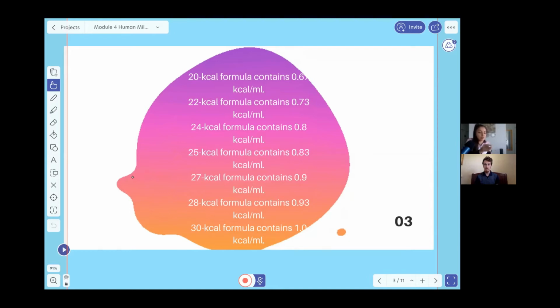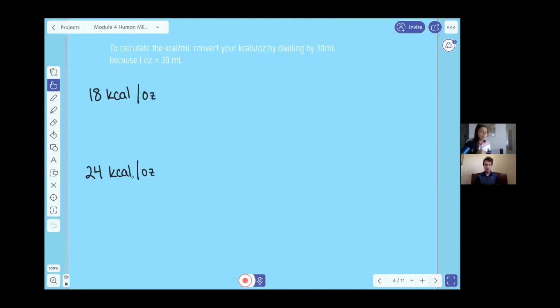This tells you that it has 0.67 kcals per milliliter. However, let's go ahead and just review this, because we need to make sure, again, that we're paying attention to our units, and when we're going over the kcals per milliliter versus the kcals per ounce, we need to make sure that we're converting and keeping apples to apples and not apples to oranges, because that doesn't make sense, right, Nick?